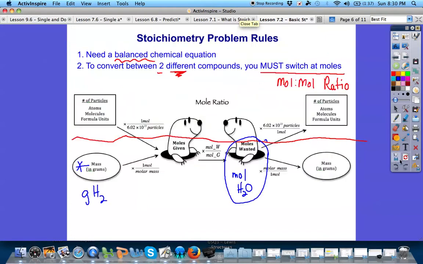So if we take a look back here at our mole map, we mark out where we're starting. We're starting at moles of hydrogen.